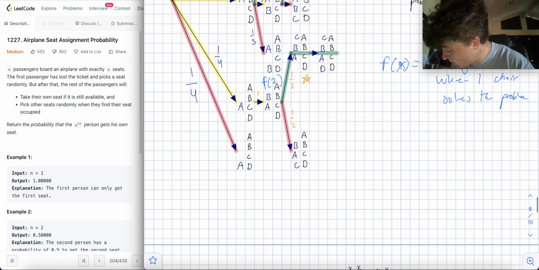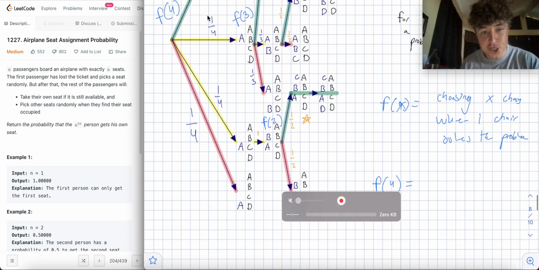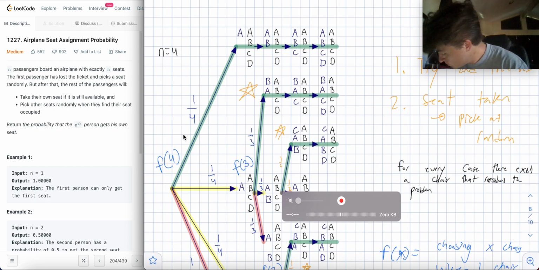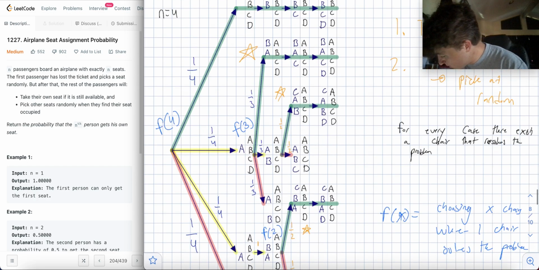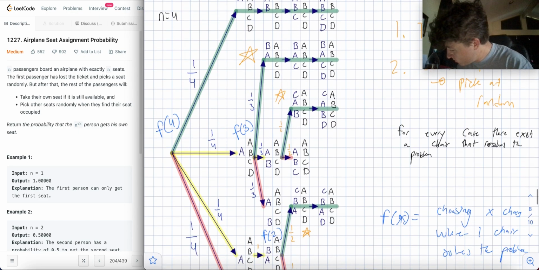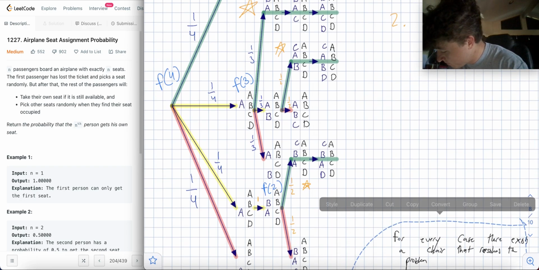F of 4 is the probability of this working out: I choose the right chair, so 1/4 of the time I choose the right chair. I'm going to draw this more neatly and put it down here so you can see what's going on.